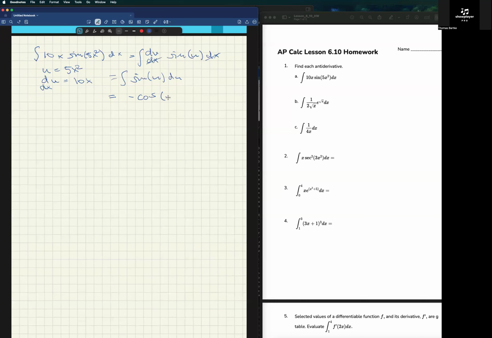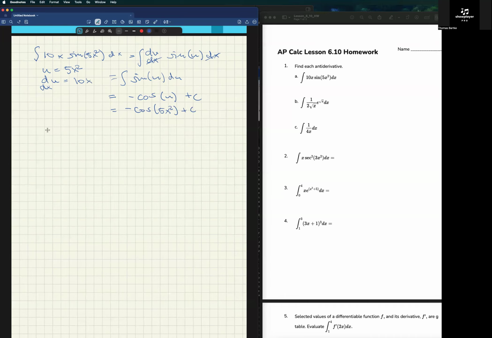Negative cosine u plus c. And then we substitute it back, plug this thing back in for u. So we have negative cosine of 5x squared plus c right there.